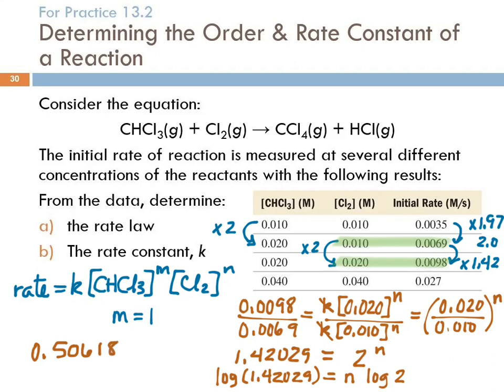Let's see if it comes out any better if I don't round that off. 0.0098 divided by 0.0069 equals, log, divided by 2 log, equals, and that comes out the same. That's really close to 1/2, isn't it?